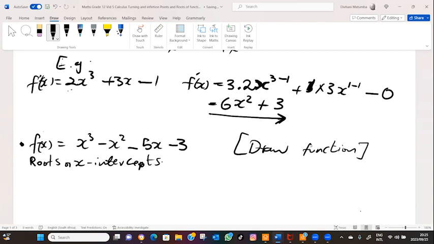Now, to find the x-intercepts, because it's a cubic function, we're gonna do trial and error. At the x-intercepts, this is where y equals 0, or this is where your f of x equals 0.